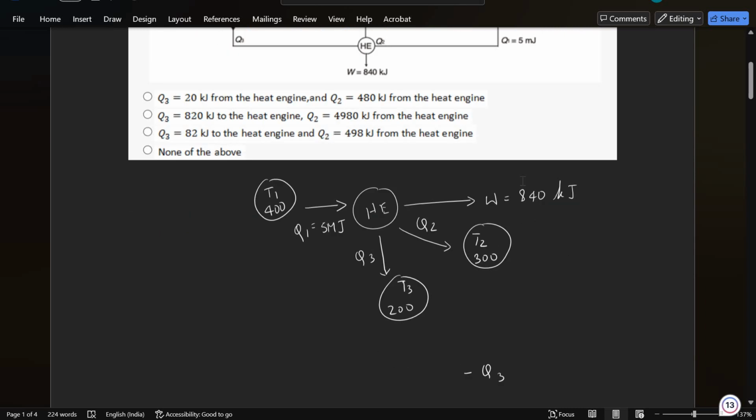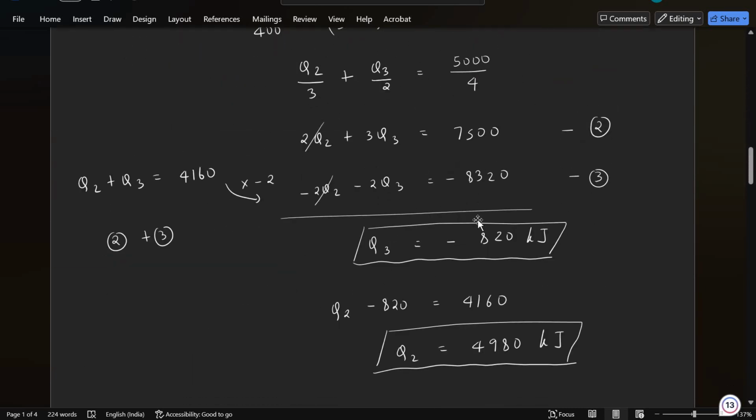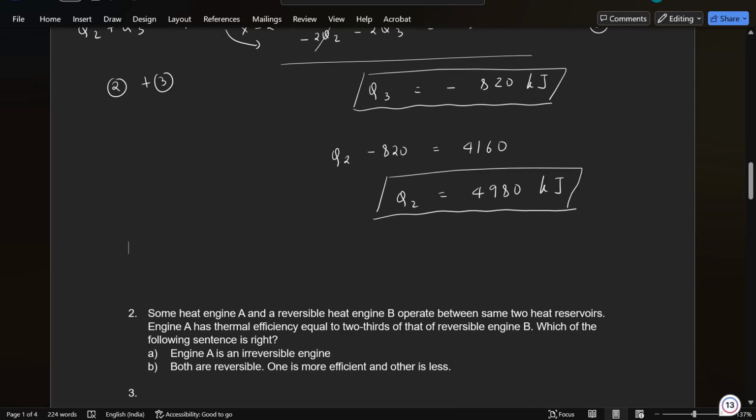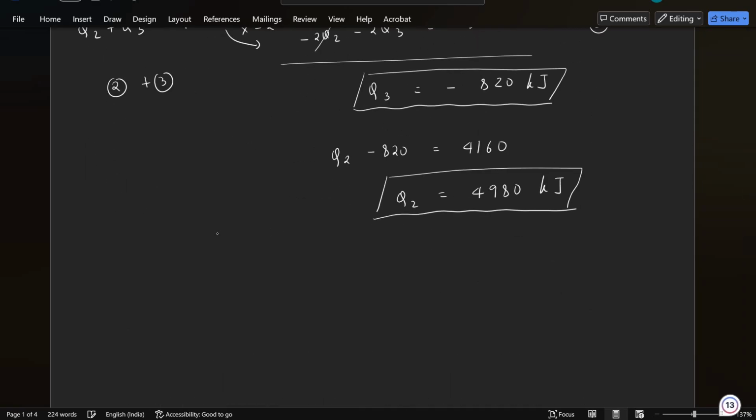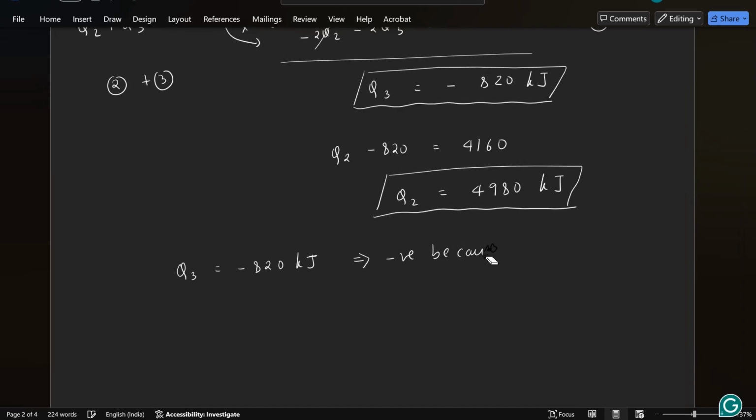All right. So I'll just write it down here. Q3 is equal to minus 820 kilojoules. Negative because it is opposite to our assumption.